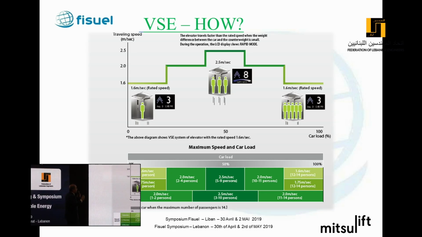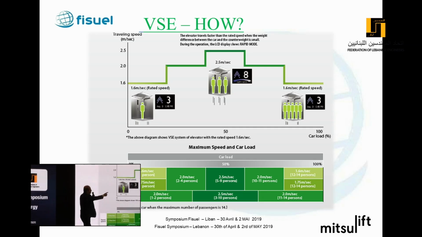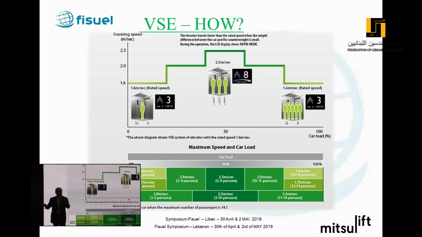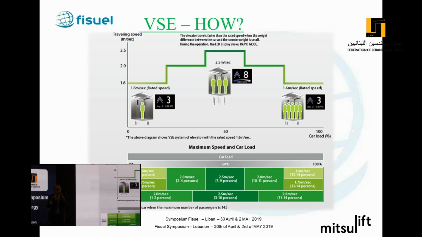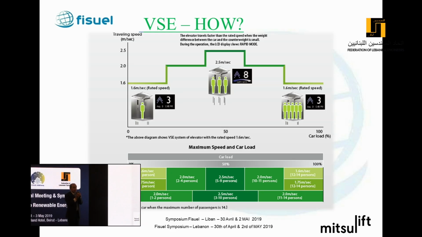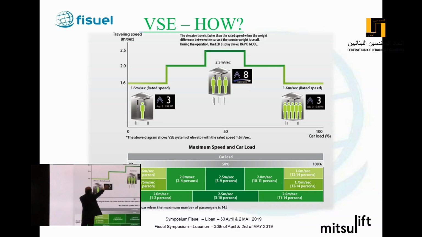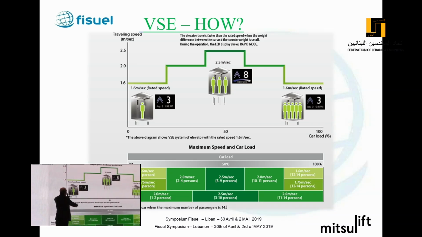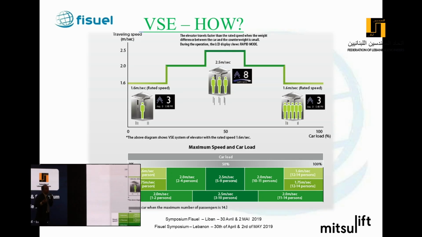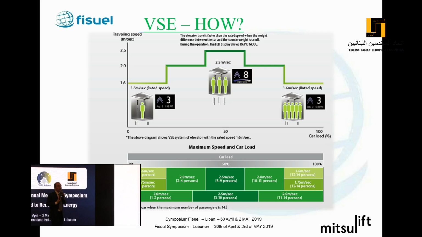But when the car is less loaded than the full load, the balance is changing, and we start to have a little bit of energy which we can use to increase the speed. When we reach between 40% to 60% of the rated load, the car is well balanced and we have a lot of energy which we can benefit from.